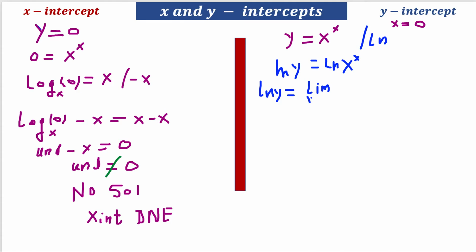Here is a ln, but if I have ln of x to the x, according to the log rules, x comes in front of the ln, and we have x times ln x. So this form is a little bit easier, and everything is going to be a limit.